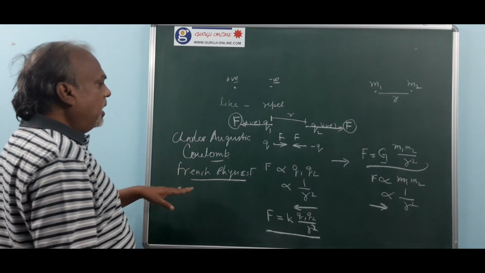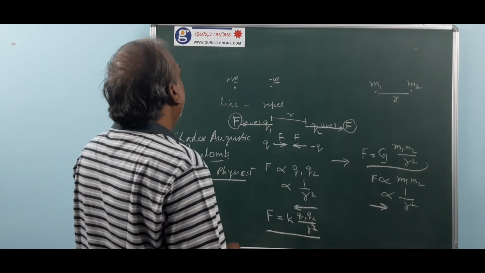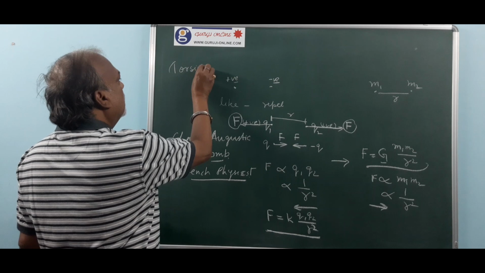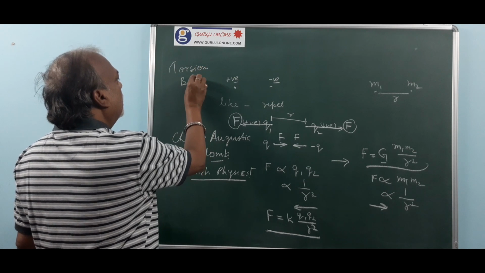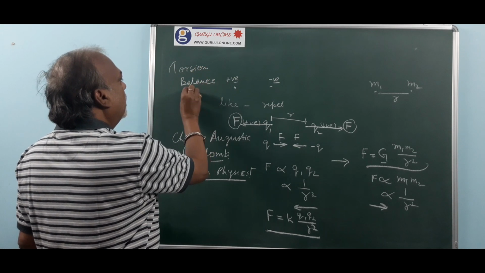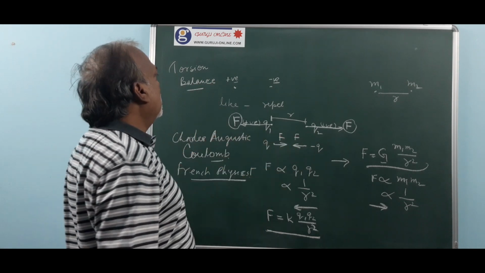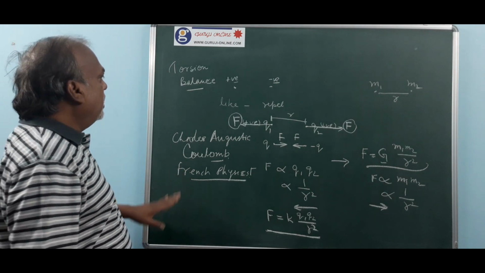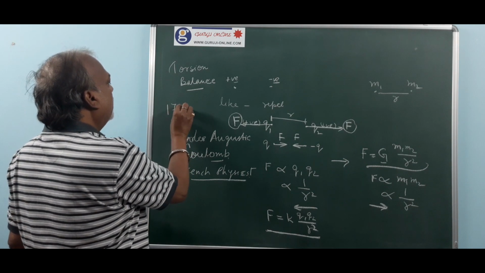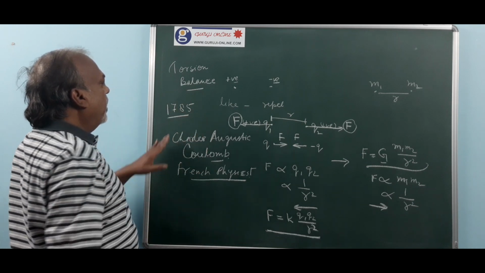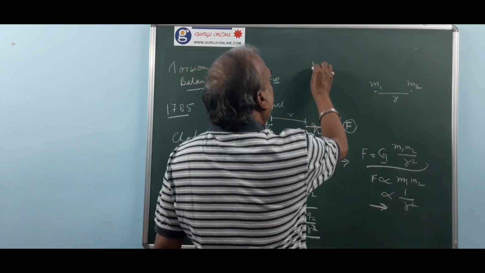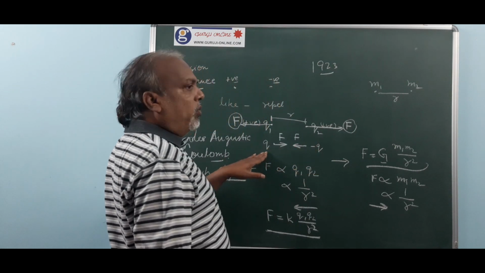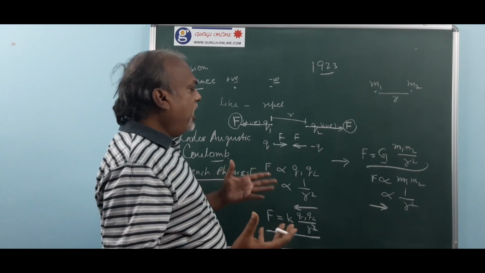Now, how did Coulomb find out these things? He invented a torsion balance to find out this force. He did this experiment in 1785. But till 1923, we did not know the value of this charge.